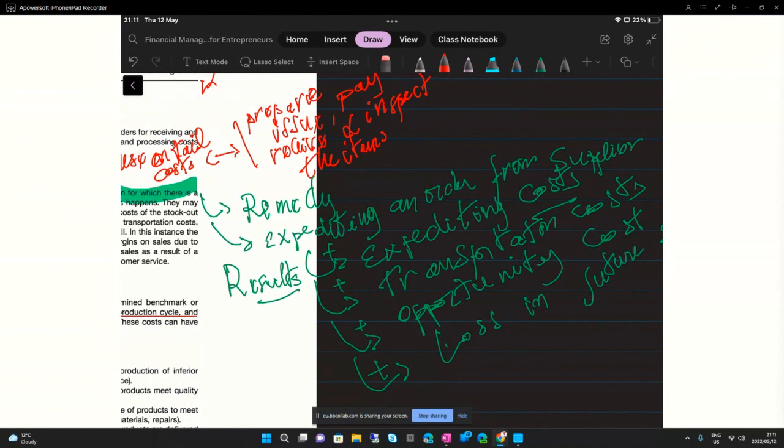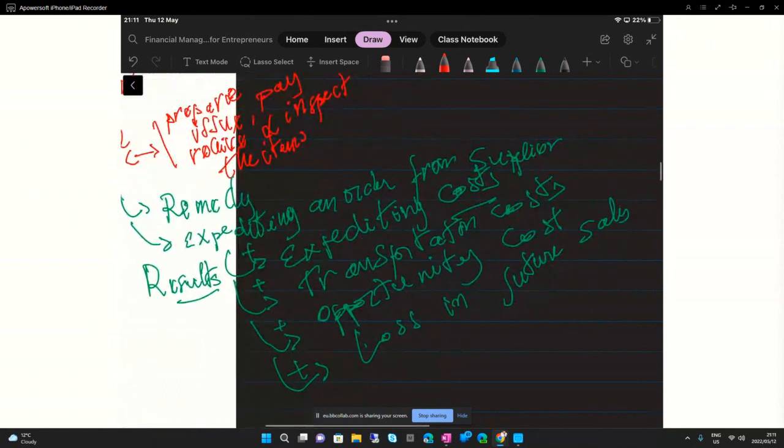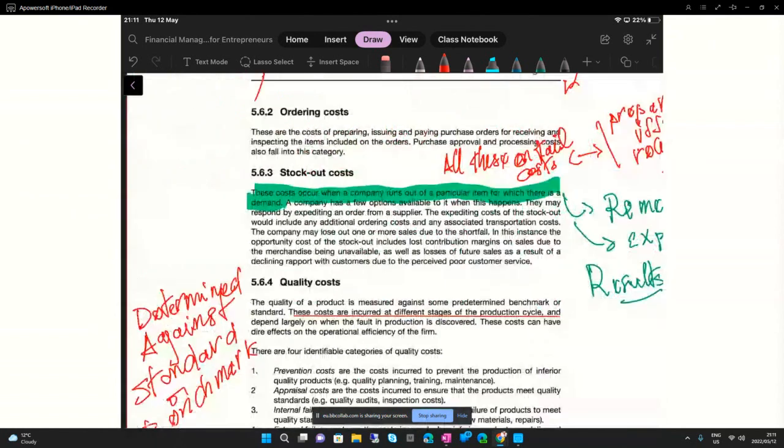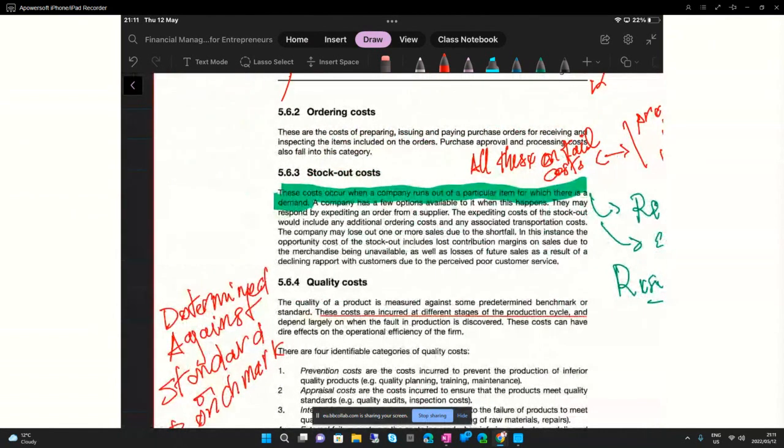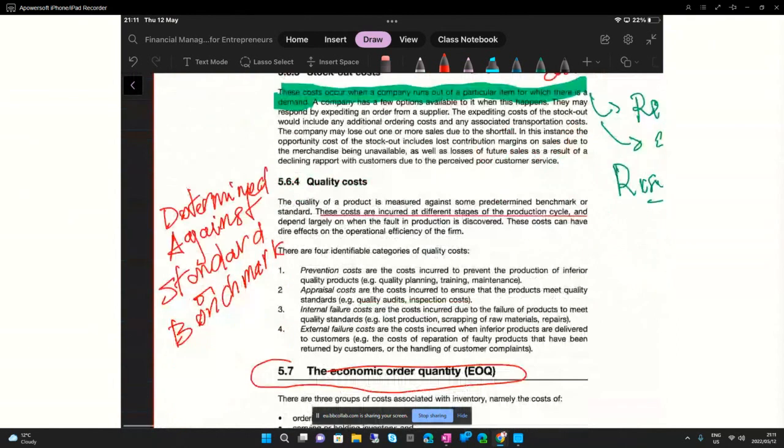And what will be the transportation cost? And what will be the opportunity cost? And what will be the loss in future sales? Because when we run out of a product, it's going to impact our customers. It's going to impact our reputation. But you see, this chapter helps you to think much deeper about cost.